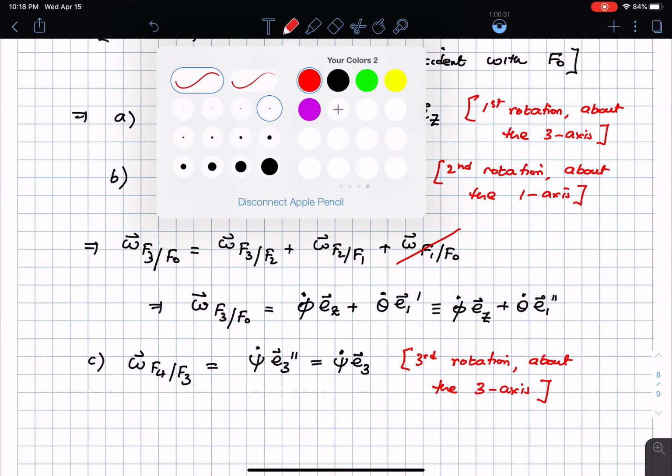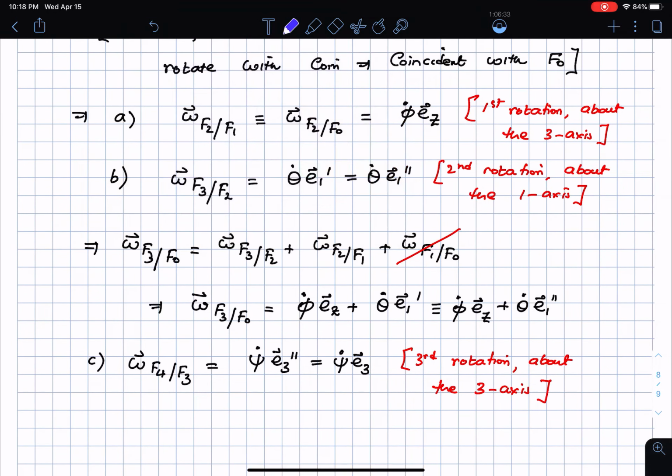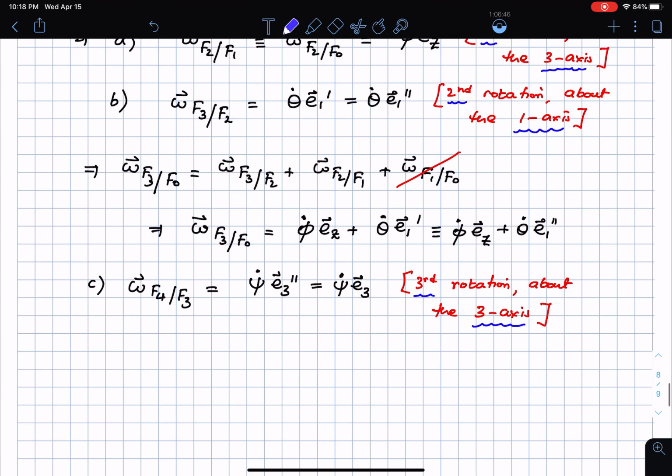And you see why the name is a 3-1-3 rotation: the first rotation is about the 3 axis, the second rotation about the 1, and the third rotation about the 3 axis again. Of course, it's not the same 3 axis as you started off with. This is a different 3 axis.